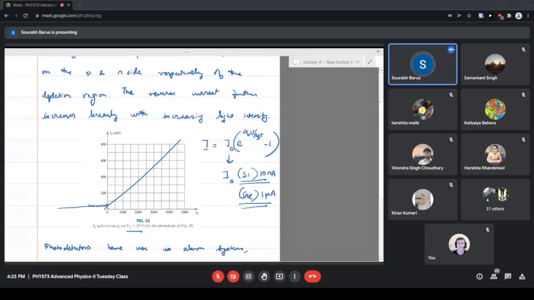So whatever it is, you can see it is in some 10 microamperes maybe. But for silicon, it will be lesser if you use a silicon photodetector. So it completely depends. This level, the dark current, will basically be the reverse saturation current which you get, which is actually I naught, and it changes from material to material and has these values for silicon and germanium. Okay, sir. Is it clear? Yes, sir.